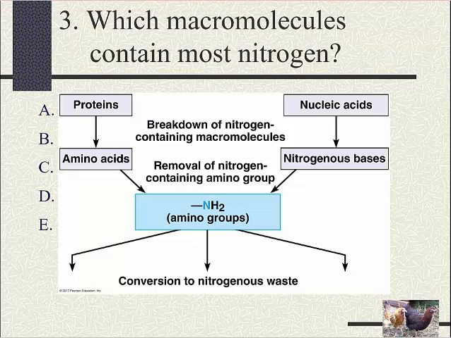Yes, if you said proteins and nucleic acids, you are correct. Remember that all amino acids have an amine group and that the nucleic acids have a nitrogenous base. These are removed and then converted to nitrogenous waste, whatever the body doesn't need to build its own nitrogen-containing compounds.